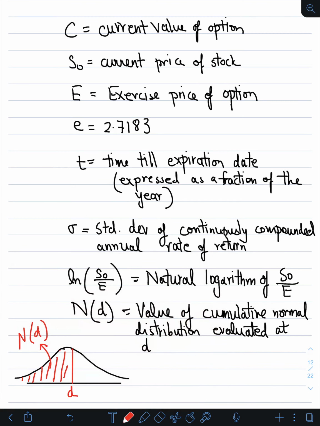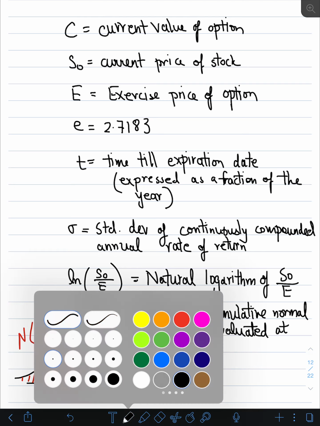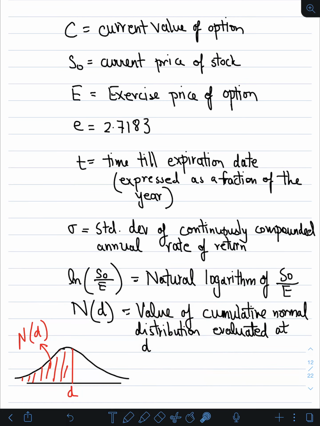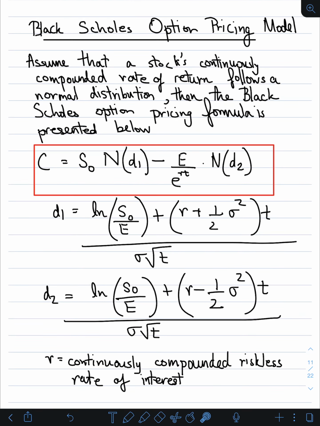N(d) is just the area under the normal distribution curve. You'd use a normal distribution table to find the area under the curve, and that is N(d), the value of the cumulative normal distribution evaluated at d. So we have two of those: one evaluated at d1, which we'll calculate using this formula, and one evaluated at d2, calculated using this formula.